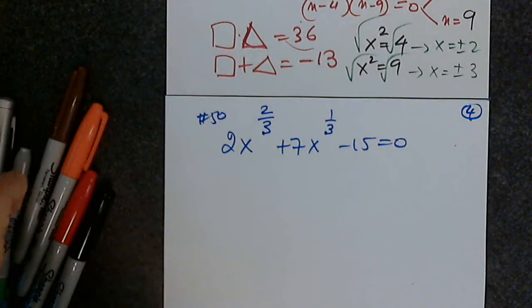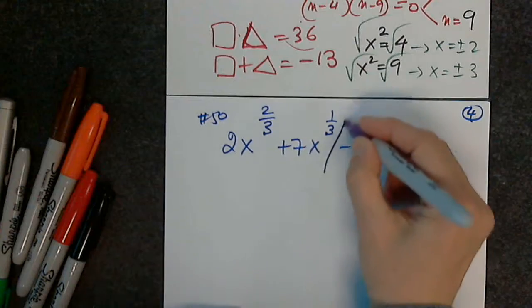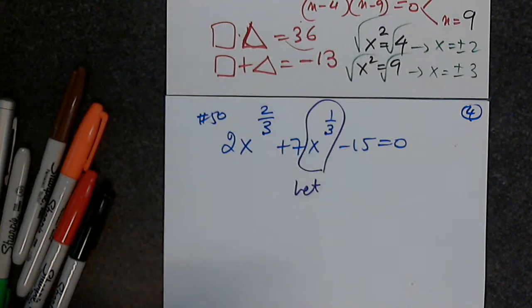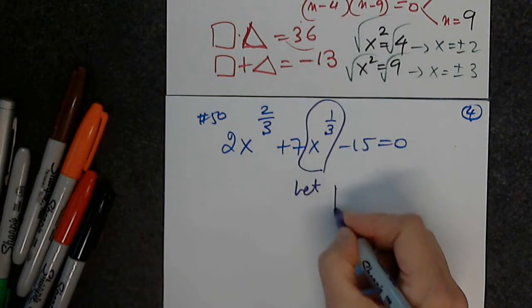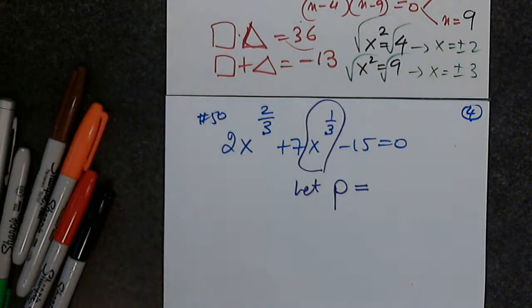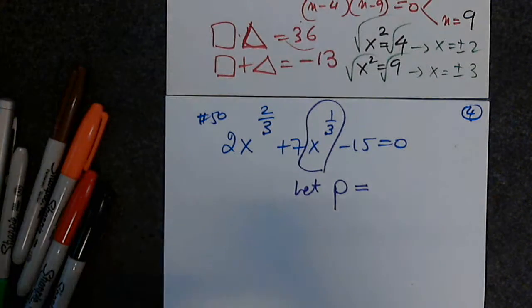And I will say, I'm hoping that I can denote this. Give me another letter, any letter you want, not x. Which one? P. Perfect. Let's say that I have P that denotes what? X to 1/3 indeed.